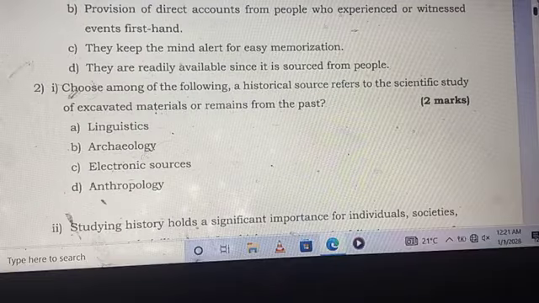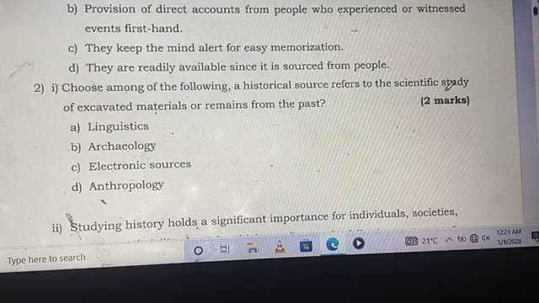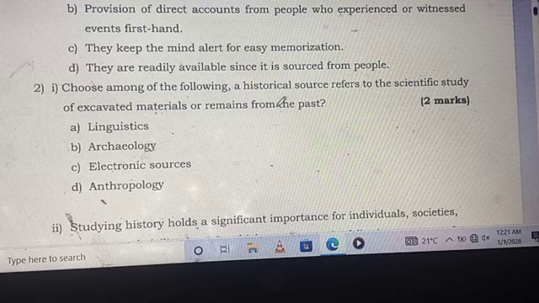Question 2, I. Choose among the following the historical source that refers to the scientific study of excavated material or remains from the past.